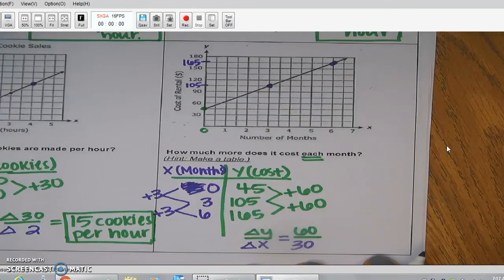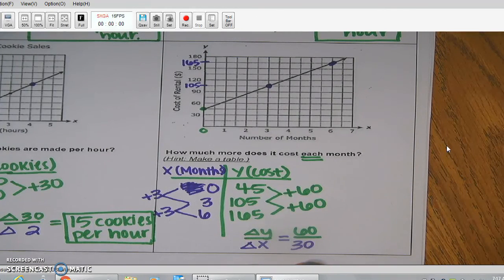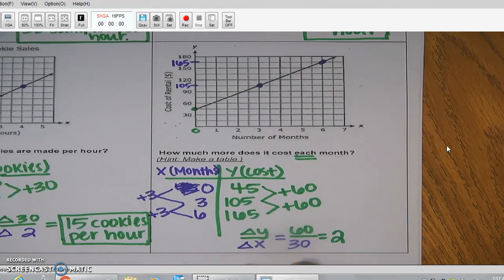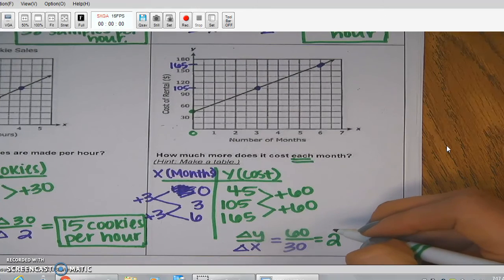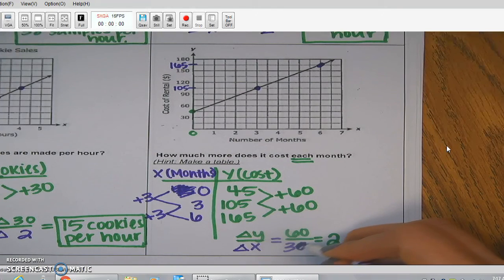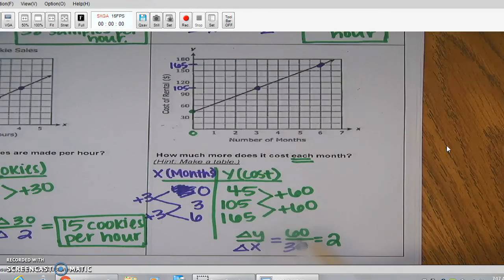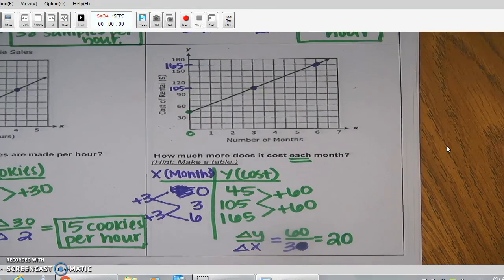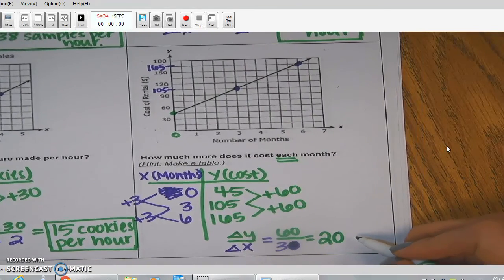Sorry, it's not 60 divided by 30, it's 60 divided by 3 because our X went up by 3 every time. 60 divided by 3 gives me 20, which means it costs $20 per month, and that's our rate of change.